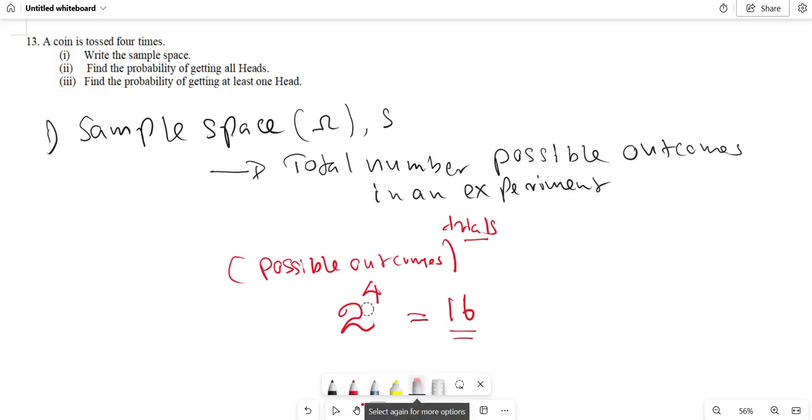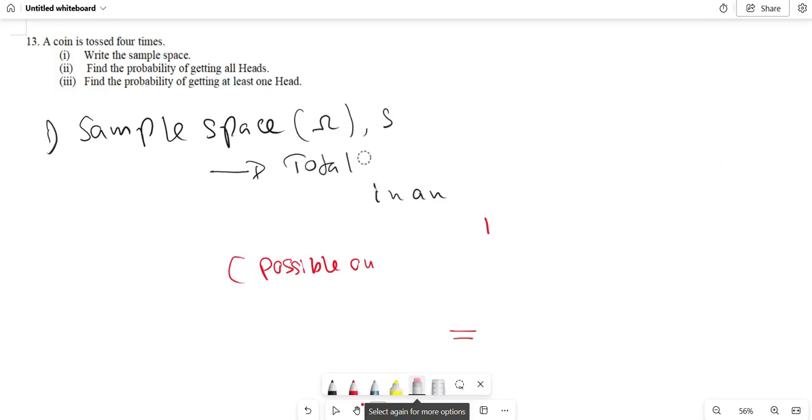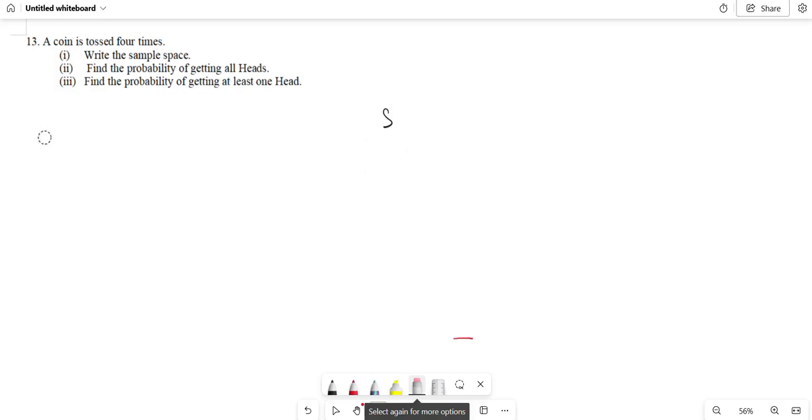We know that we want to have 16 here, so I will show you how to mark those 16 without much effort. We know we are getting heads and tails, four times, and 2 to the power 4 is 16.